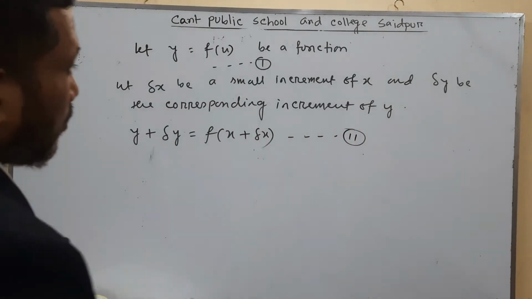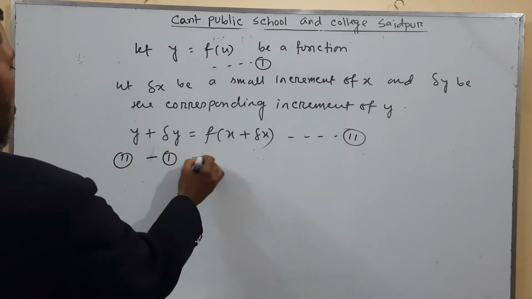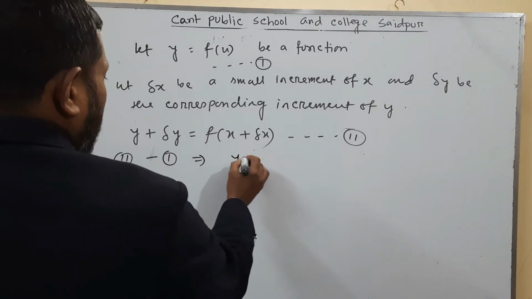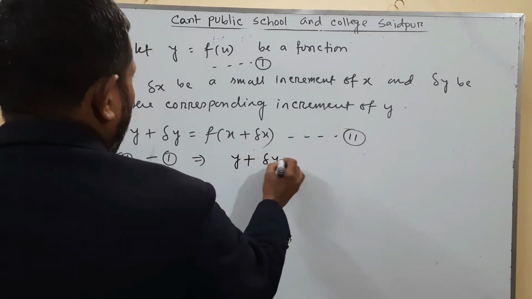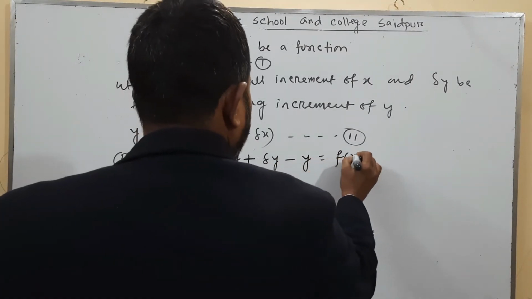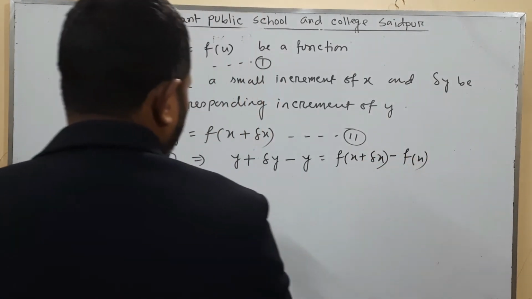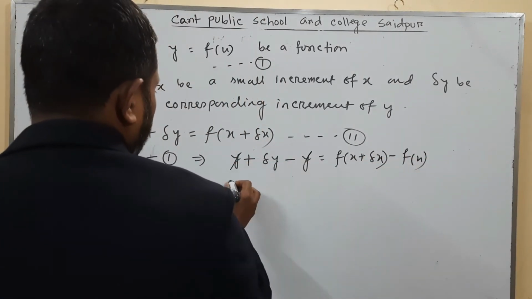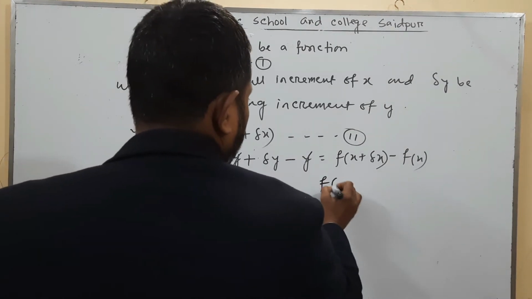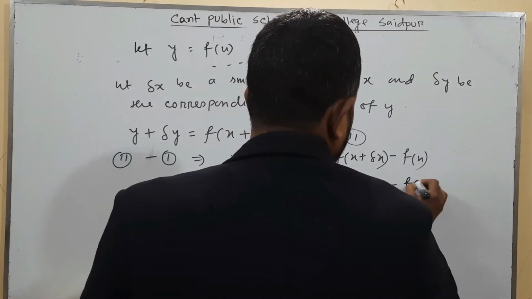Subtracting 1 from 2, we can write here y plus del y minus y is equal to f of x plus del x minus f of x. Here y and y cut. Del y is equal to f of x plus del x minus f of x.